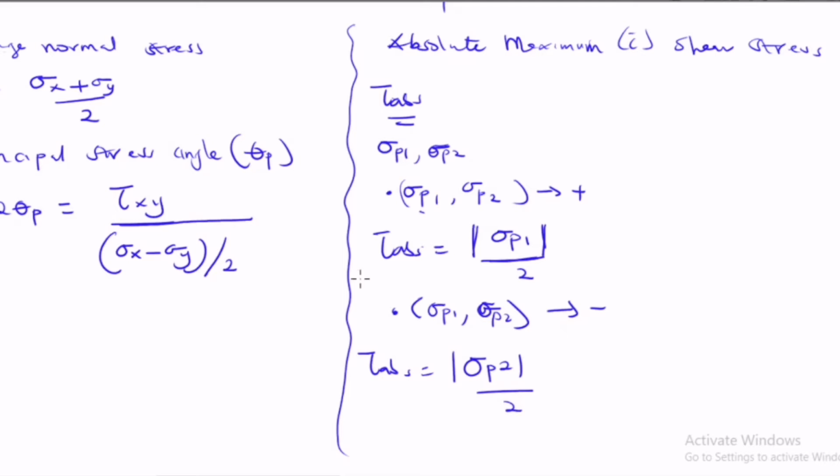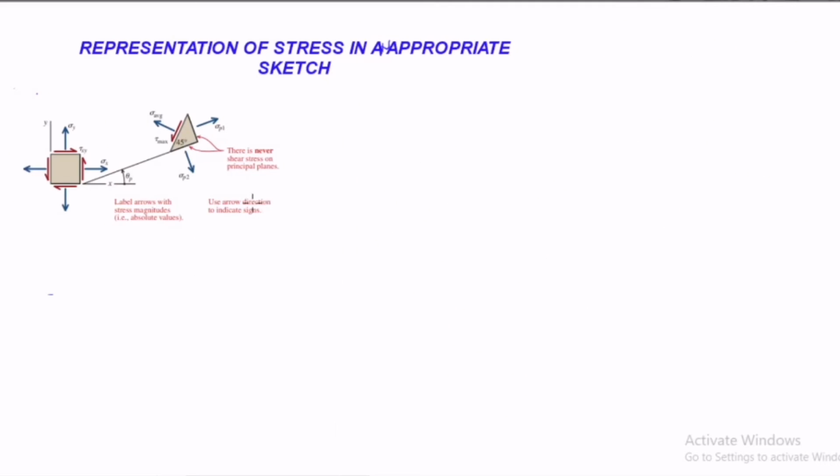And the third and final condition is that when principal stress 1 is positive and principal stress 2 is negative, to find the absolute maximum shear stress, you're going to have stress 1 minus stress 2 all over 2. These are the conditions you should know when finding the absolute maximum shear stress.